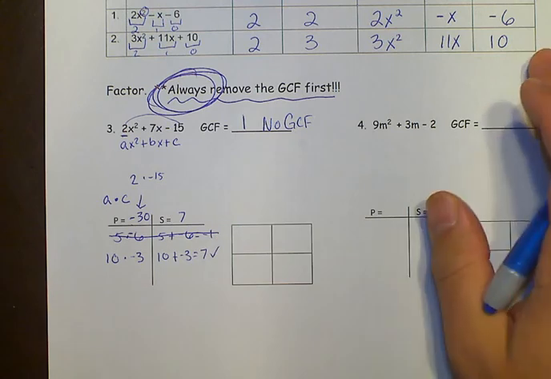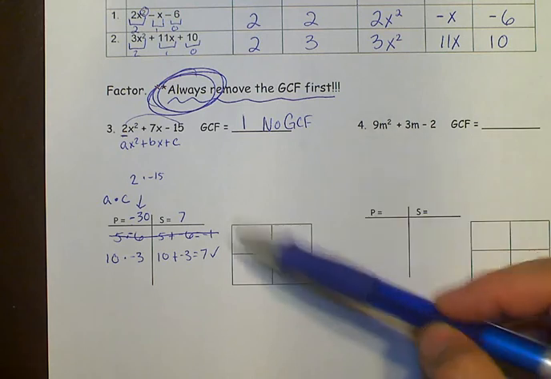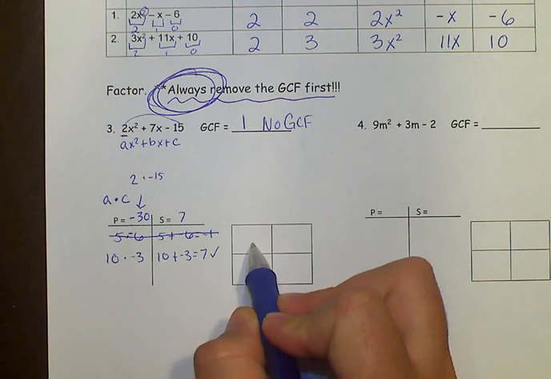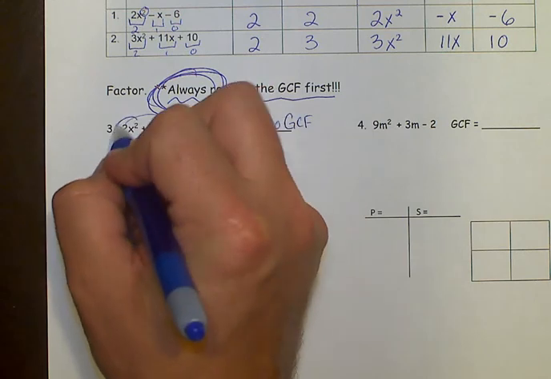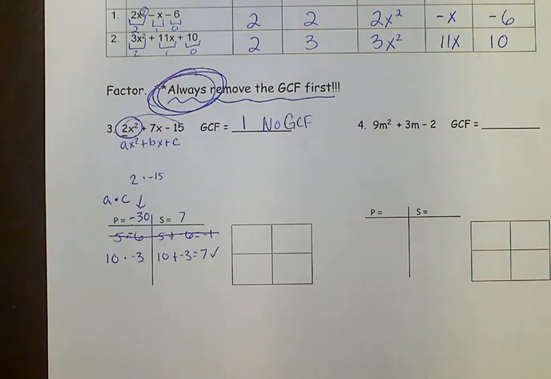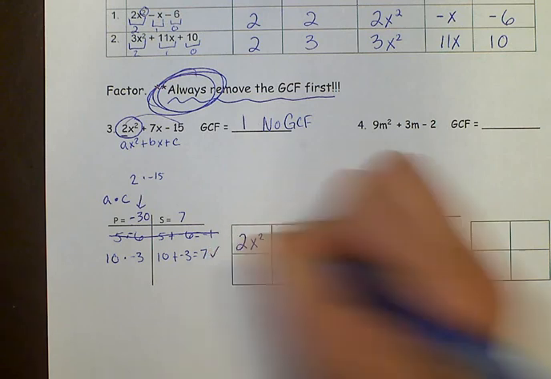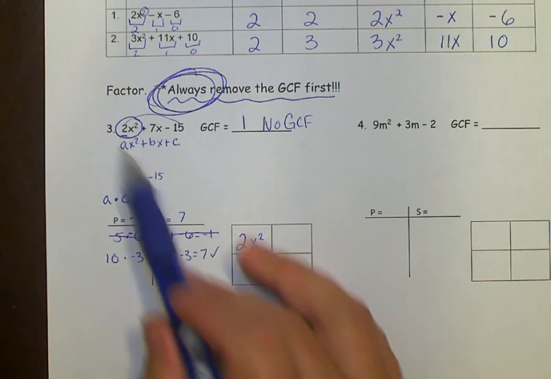Okay, so now I have this box. What goes in this box? In my top left goes my quadratic term. I always put my quadratic term in the top left.